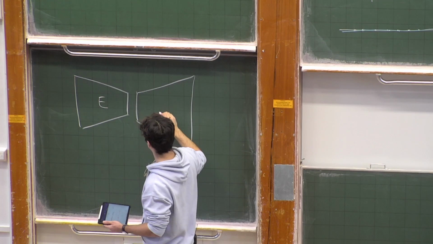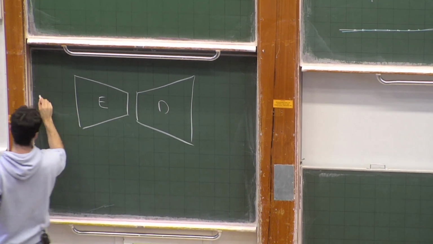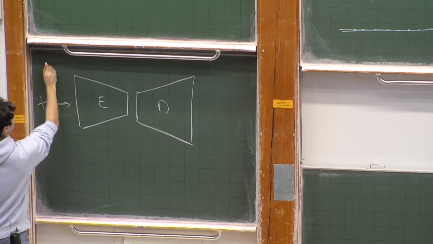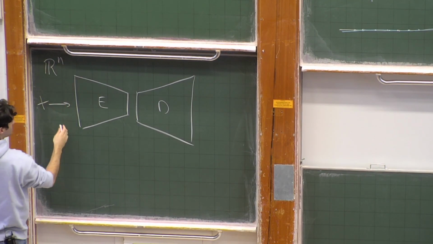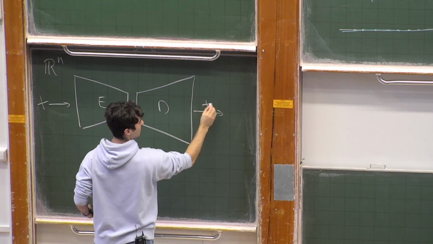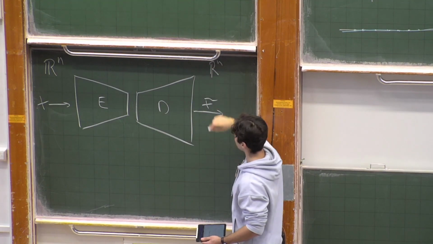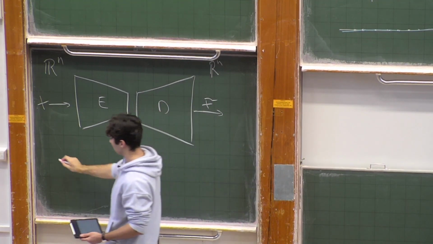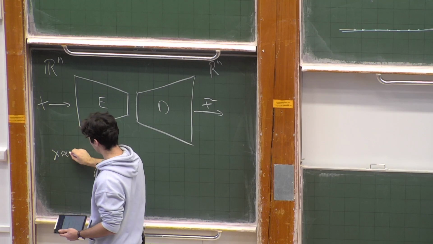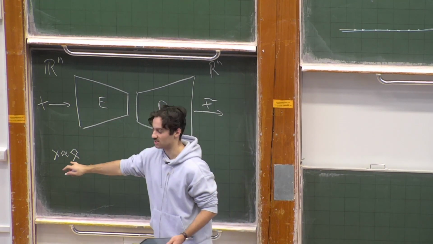The first part is the encoder, the second part is the decoder. And what happens is that an input goes into the neural network. It comes from Rn. It passes through the encoder, then through the decoder. Out comes X twiddle, which again lives in Rn. And we want that X is approximately X twiddle. We train the network such that this holds.